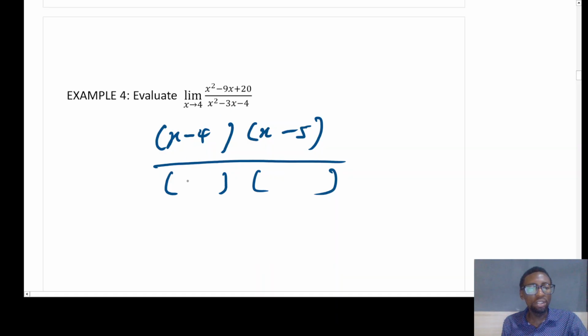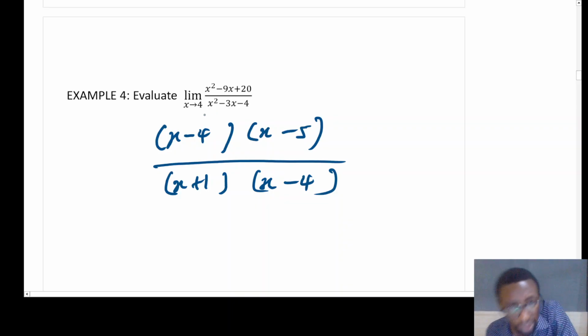For the denominator, I will have plus 1, minus 4, thinking of two numbers that multiply to give minus 4 and sum to minus 3. I've explained quadratic expressions in one of our videos, so you can check our page for the shortcut for factorizing a quadratic expression.